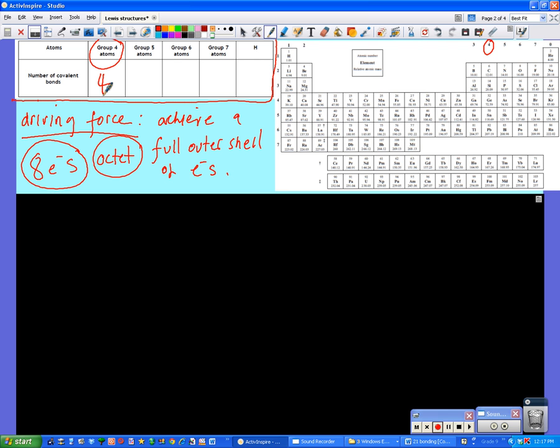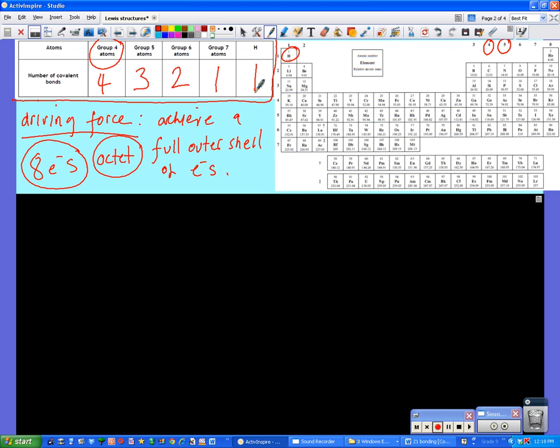Group 5 atoms have 5 electrons in their outer shell, so by sharing another 3 electrons, or forming 3 covalent bonds, they'll get a full octet. Likewise for group 6, they need to form 2 covalent bonds to get a full octet. Group 7, 1 electron pair or 1 covalent bond needs to be shared, and hydrogen, which has just 1 electron in its outer shell, can also form just one covalent bond.